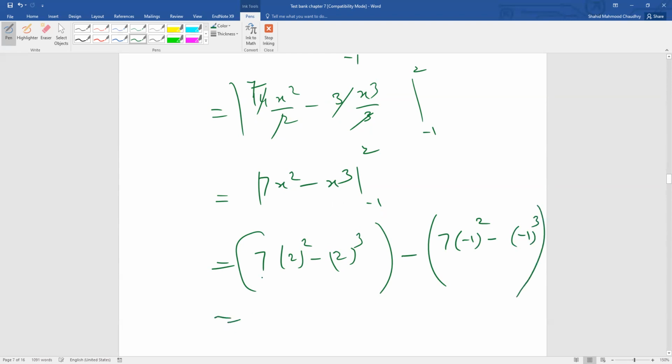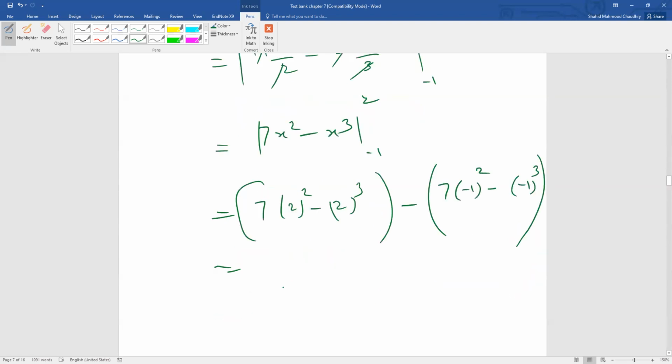Now you can solve it easily. Actual problem is here. Otherwise it is easy. So this is 28 minus 8 minus, and this is not minus 7, this is plus, because minus 1 square is equal to 1.